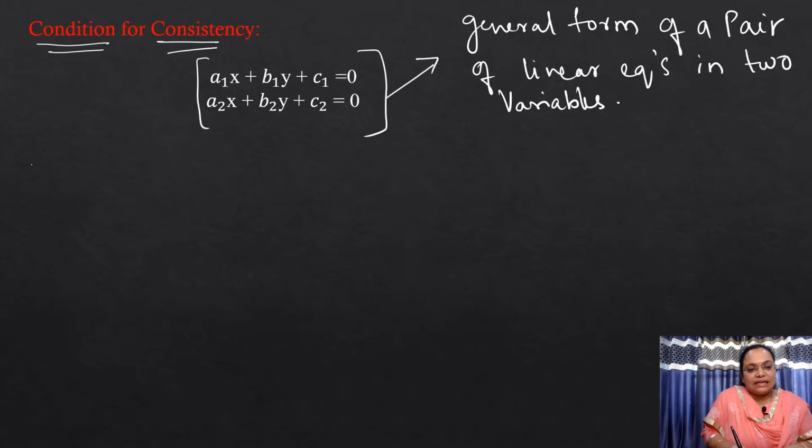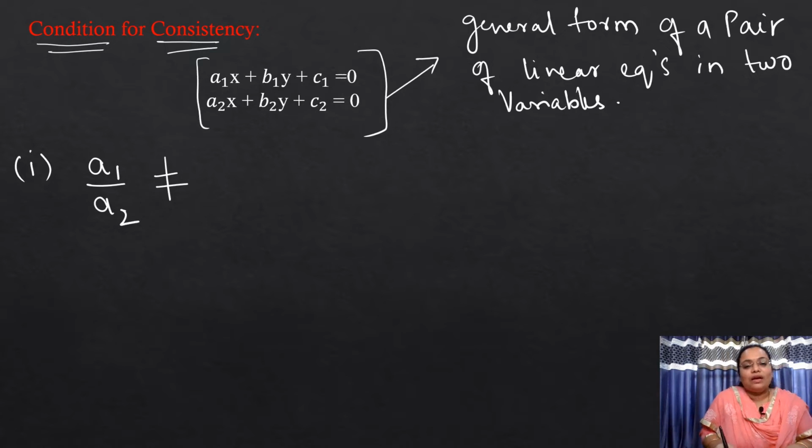So the first condition is ratios of coefficients of x, that is a1 by a2 will not be equal to ratios of coefficients of y, that is will not be equal to b1 by b2.